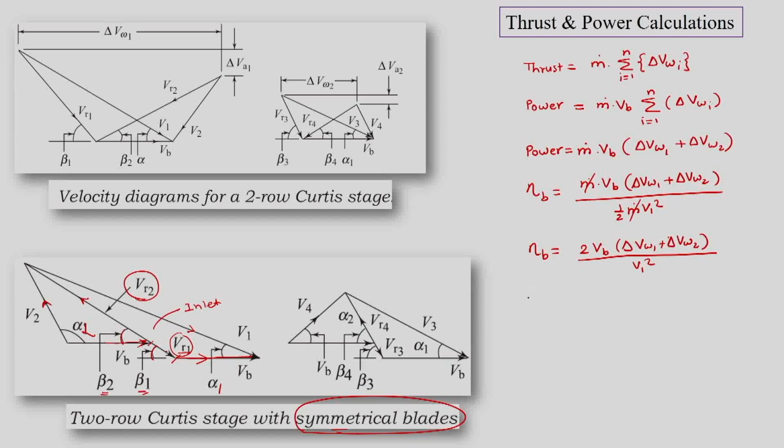So in general we will have efficiency equal to 2 VB upon V1 square into sigma delta VWi, where i is equal to 1 to n. So this is our formula for efficiency.